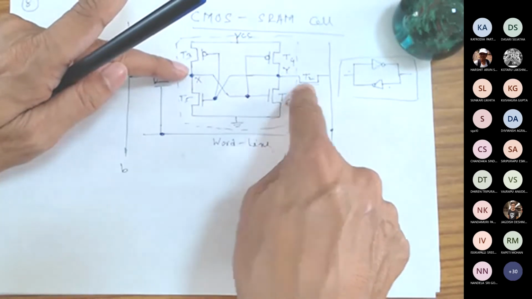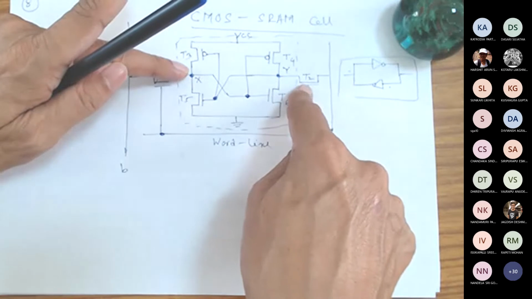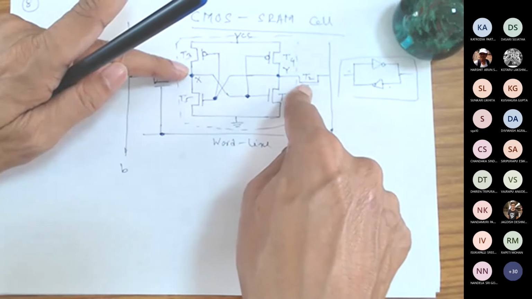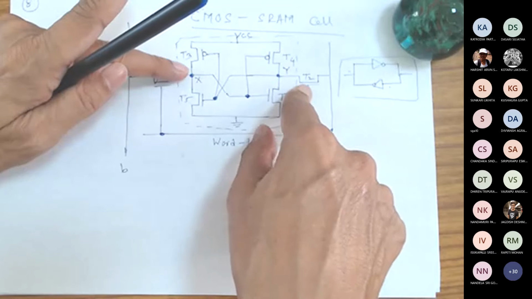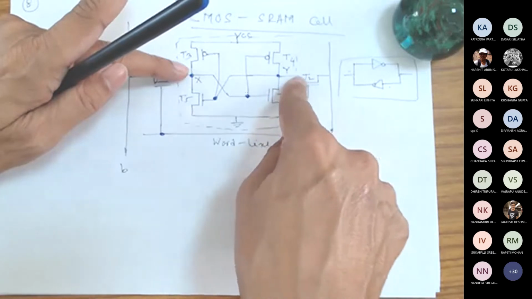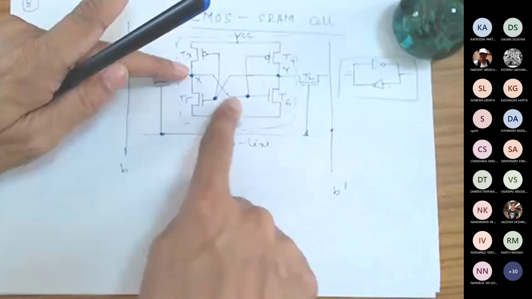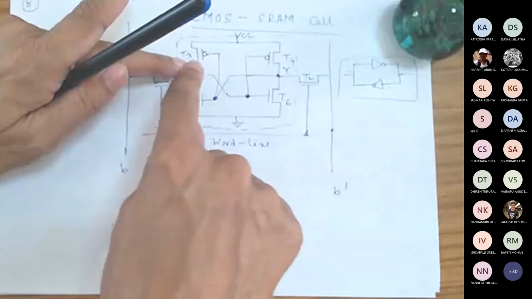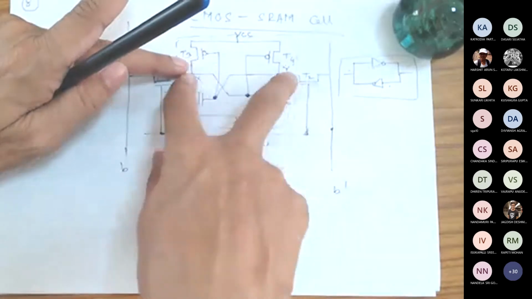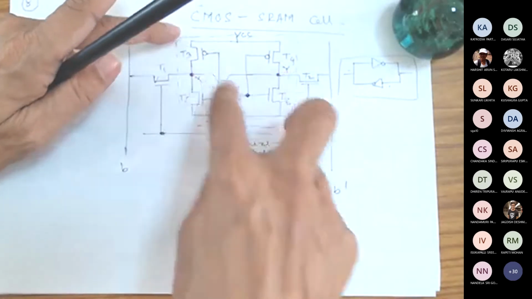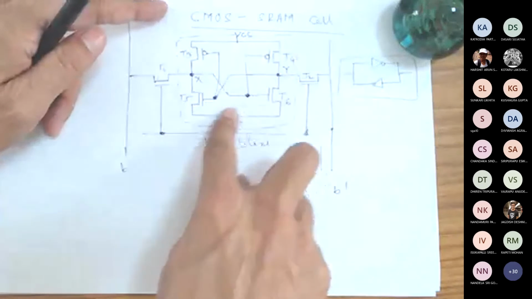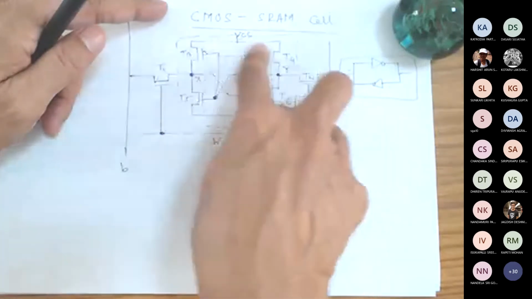So you get a logic 1 here itself. And since this is 1, this transistor is on, this gets a 0. So this value is continuously stored. When it is 0, it is 1. When it is 1, it is 0. So this is a complementary logic of a NOT latch gate.